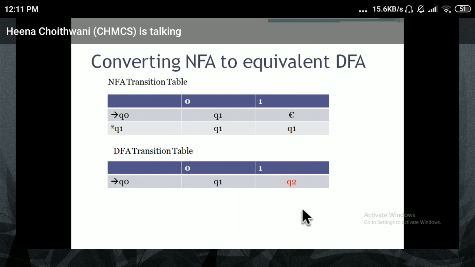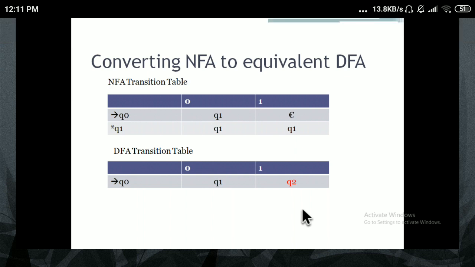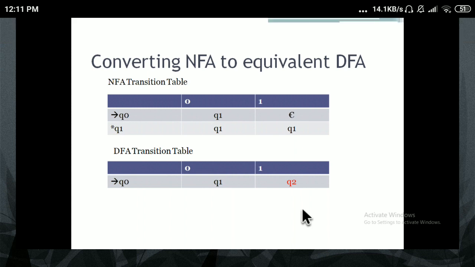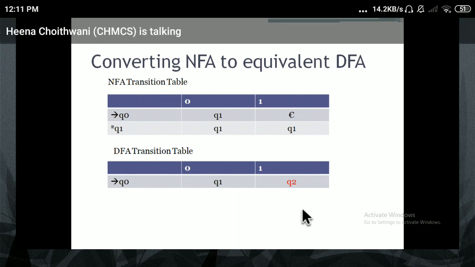So this Q2 is a newly constructed state by us, right? Any problem till here? Okay. What about Q1? Next row.